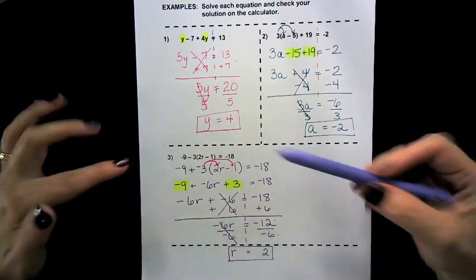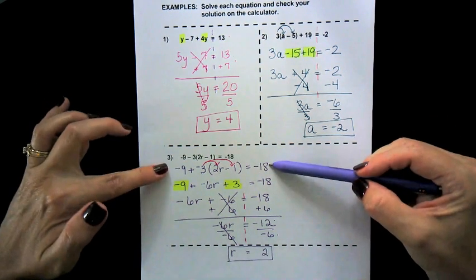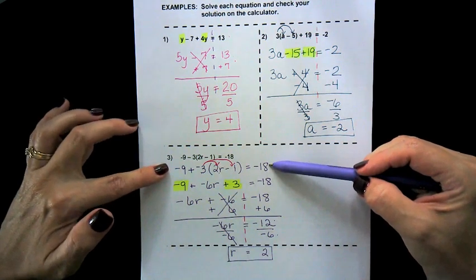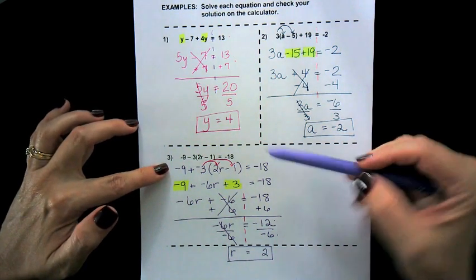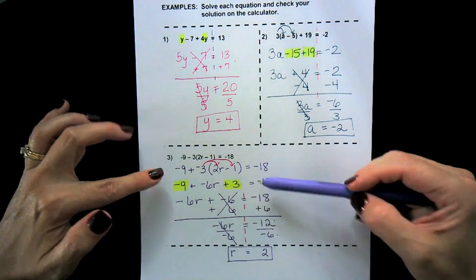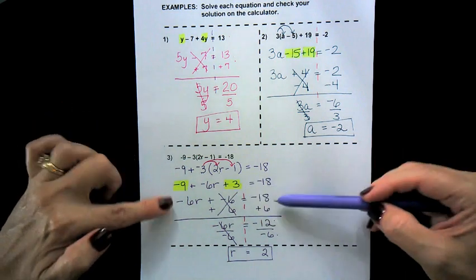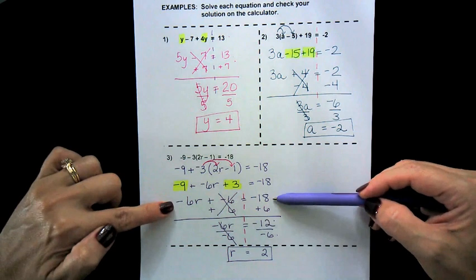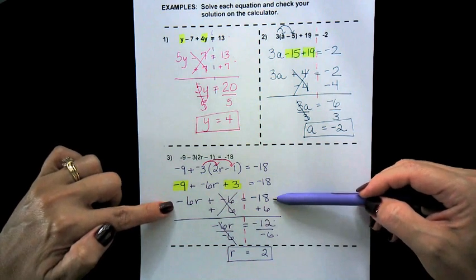So remember, we have a simplify step. That simplify step can look like collecting like terms, or it can look like distributing and then collecting like terms. But ultimately, you're looking for that two-step equation to start doing the opposite to both sides.